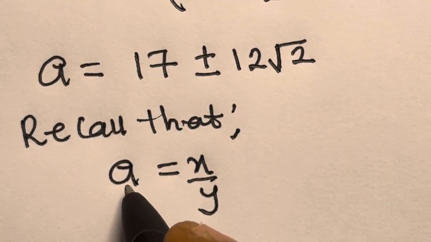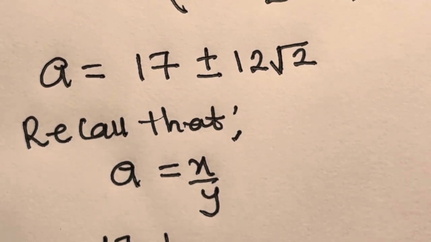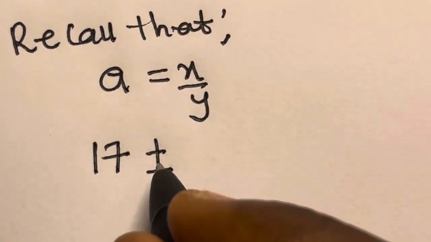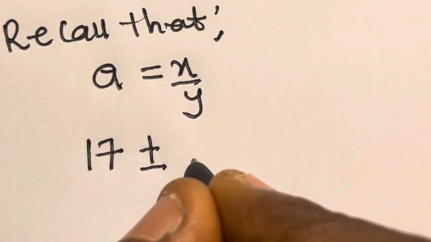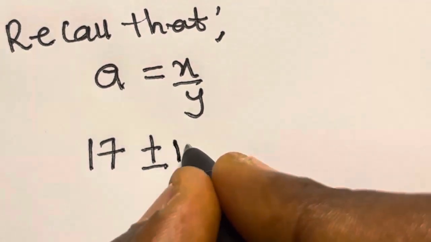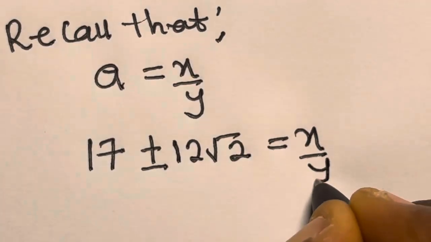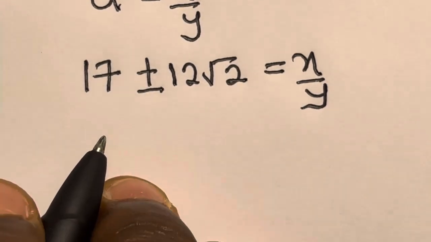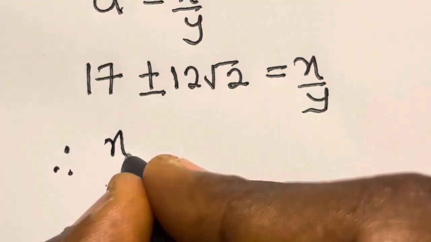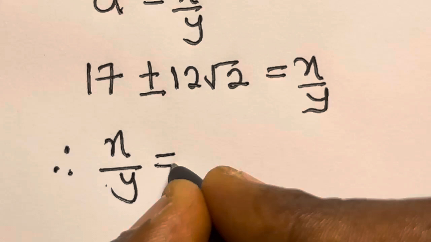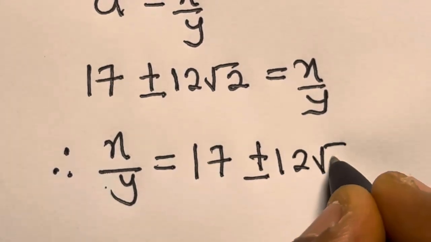So a is 17 plus or minus 12 root 2. Therefore, we can declare that x divided by y equals 17 plus or minus 12 root 2.